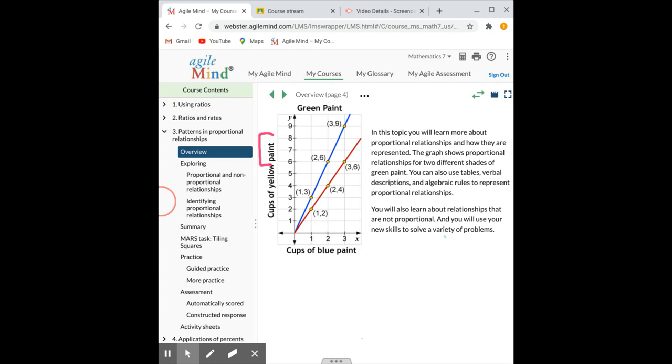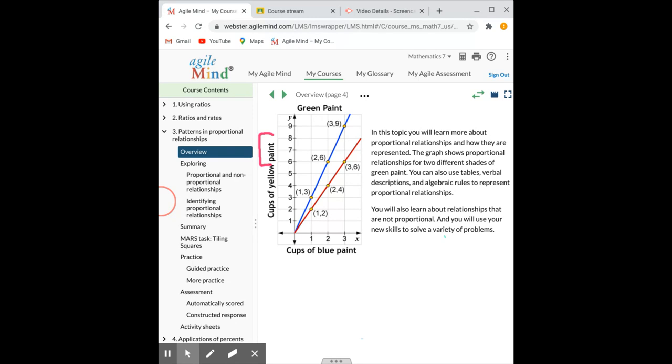Kaylee, read page 4 for us, please, ma'am. Like in this topic thing? Correct. In this topic, you will learn more about proportional relationships and how they are represented. The graph shows proportional relationships for 2 different shades of green paint.